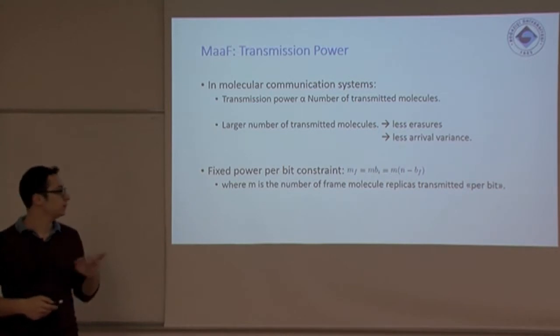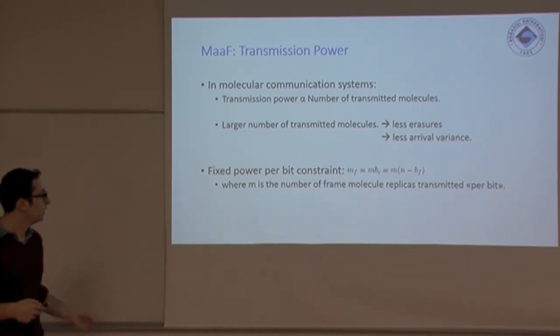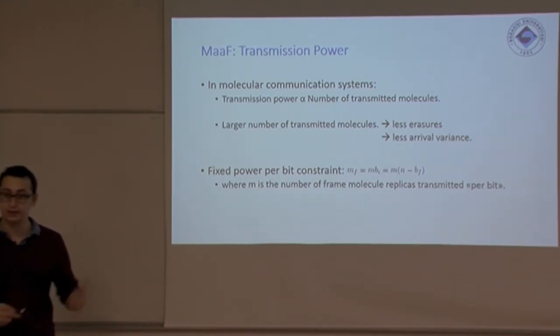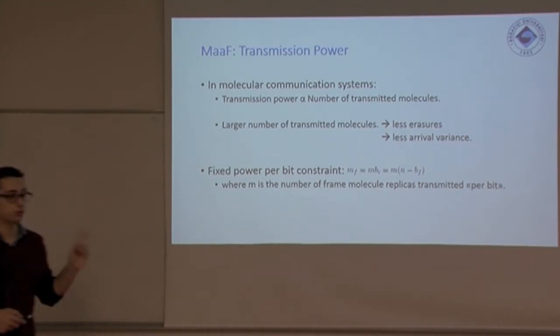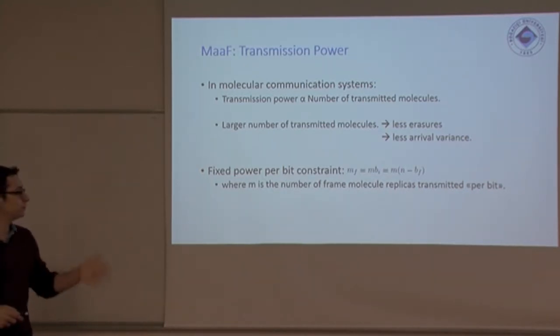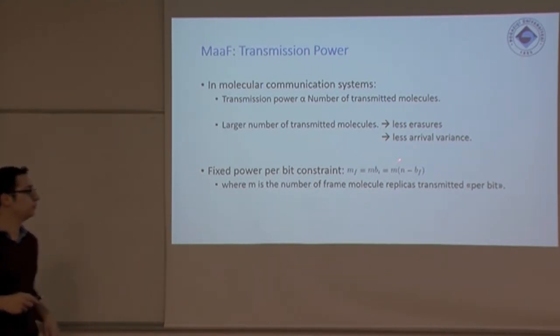So if we send more molecules, we have a less noisy signal, as a rule of thumb. But of course, we need to normalize this per bit as well. We had a fixed bit rate, remember? So we're going to have a fixed number of molecules that we can transmit per bit, which is denoted by m in this case.